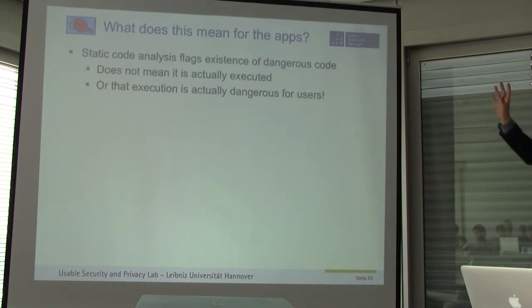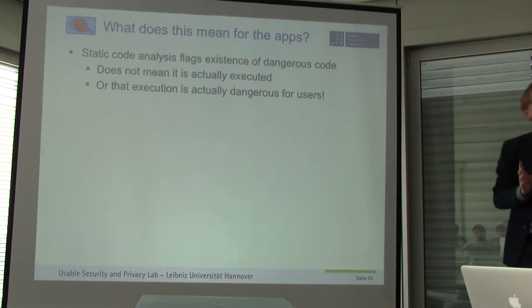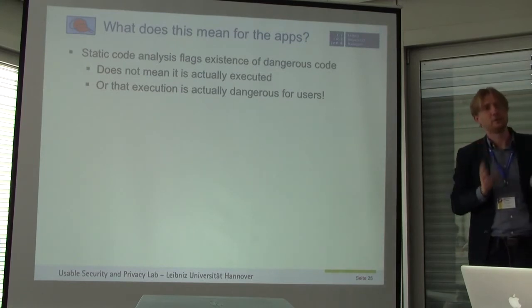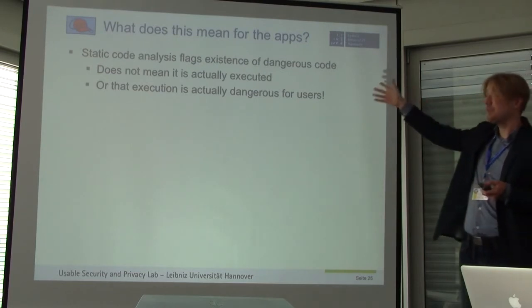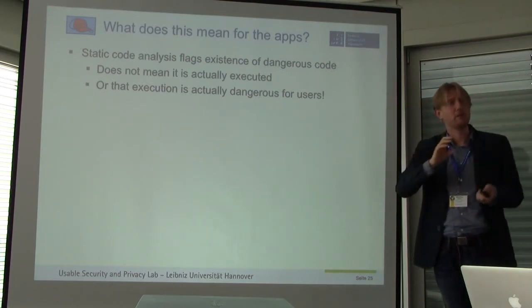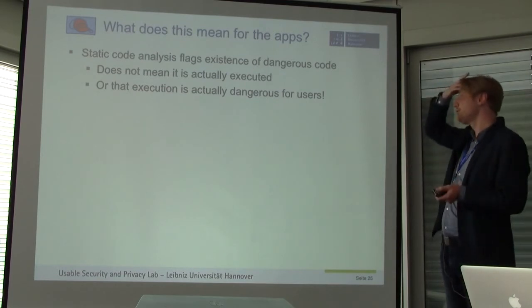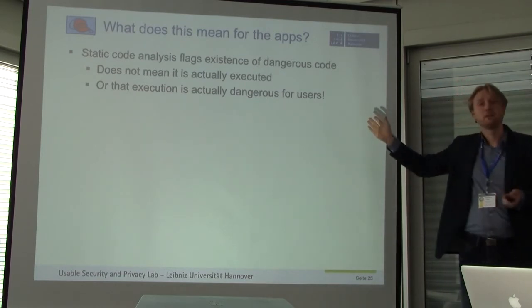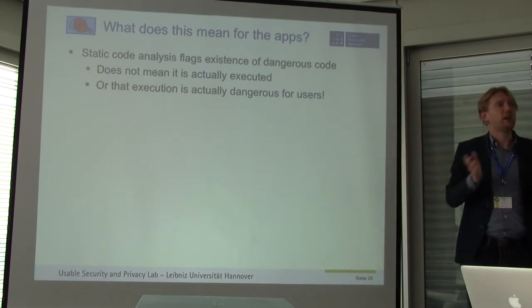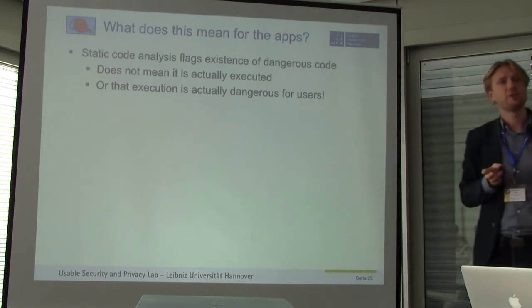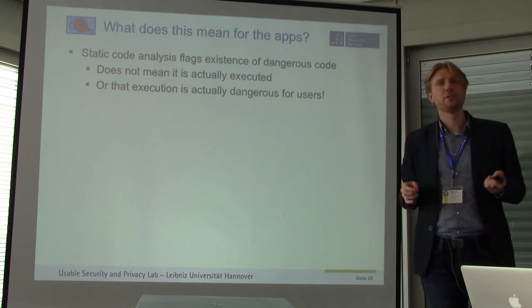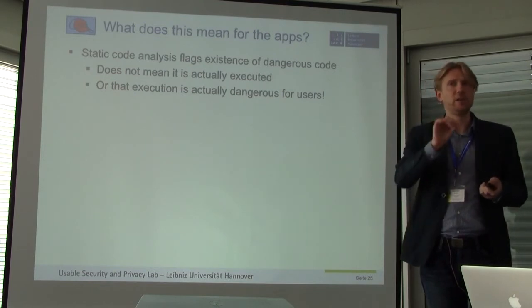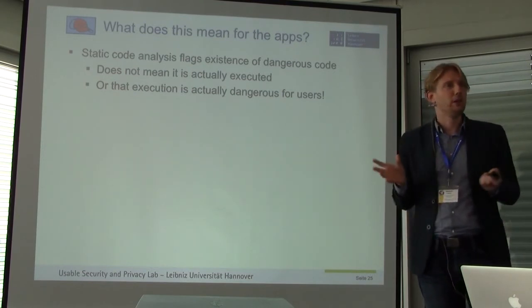But all in all, what MalloDroid will give you is a static code analysis. So it doesn't necessarily tell you that something is definitely broken, because it just says there is code which is broken. That doesn't mean that the code has to be executed. It might be in a dead part of the execution tree, or it might not necessarily be dangerous for users. For instance, there could be some code saying accept all certificates if debug equals true and developer equals true.